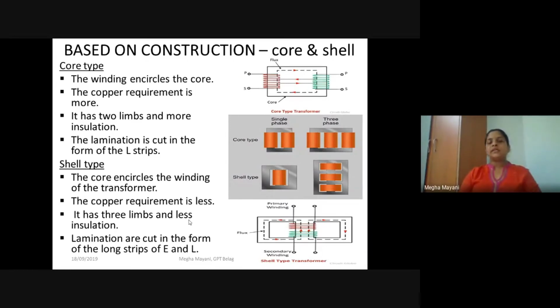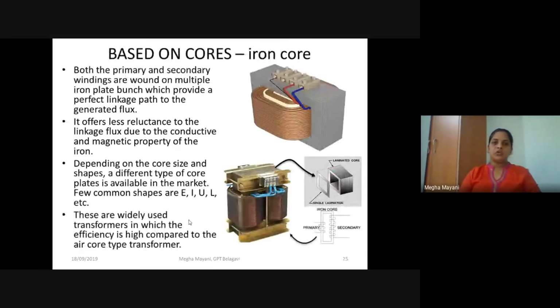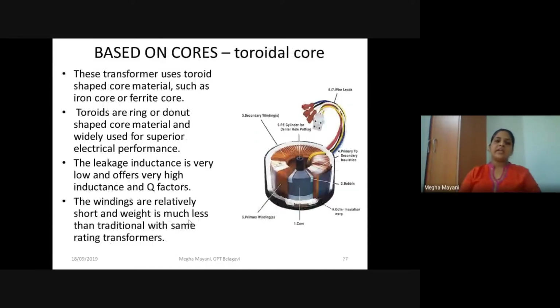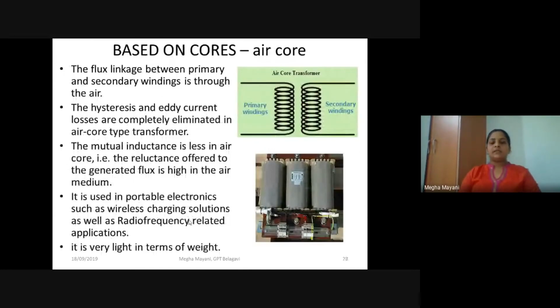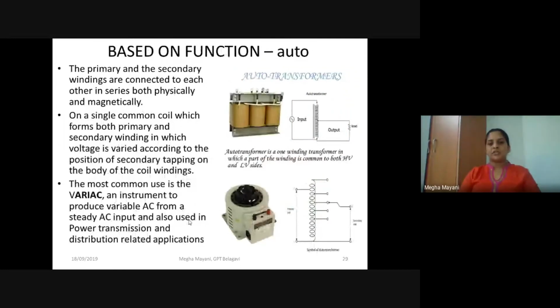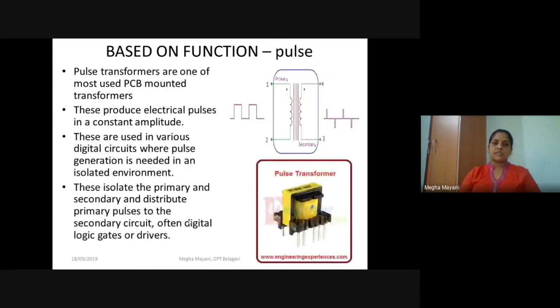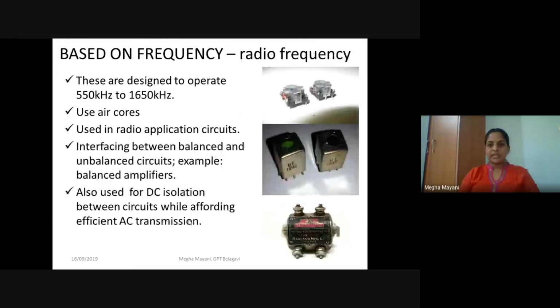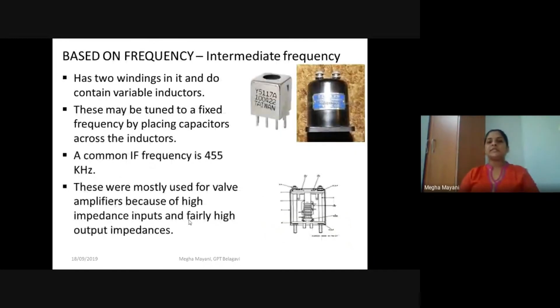The third category, based on cores, we have iron core, ferrite core, toroidal core transformers, and air core transformers. The functionality based, we have autotransformers as well as pulse transformers. And also frequency of operation, we have audio frequency transformers, that is AF transformers, RF transformers, which are radio frequency transformers, and the third one is intermediate frequency or IF transformers.